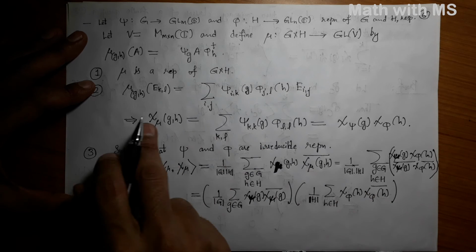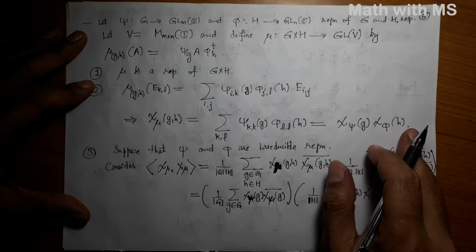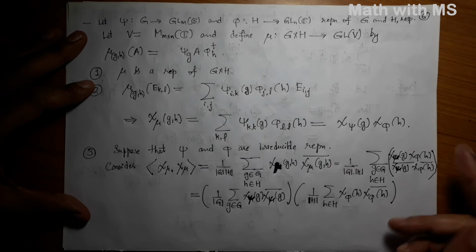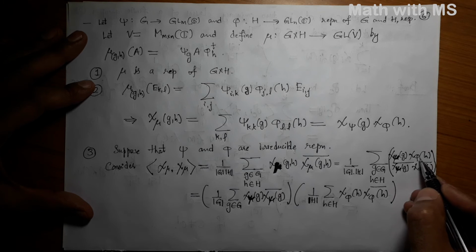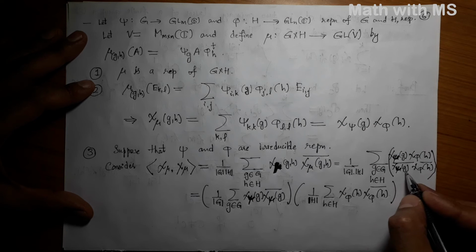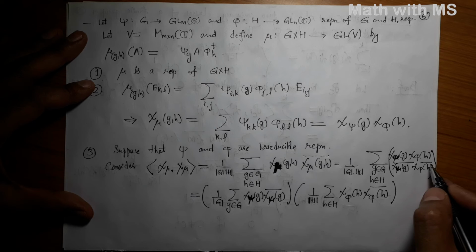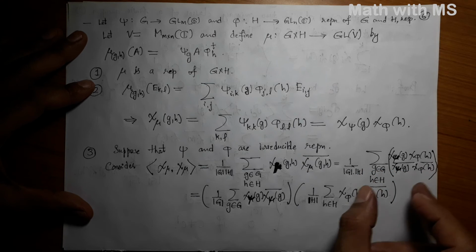All right, but here we just computed chi mu of gh, which is chi psi of g into chi phi of h. So therefore I can write it as chi psi of g, chi phi of h, this term, and chi psi of g bar, chi phi of h bar, the second term, right? But now this can be split as follows.